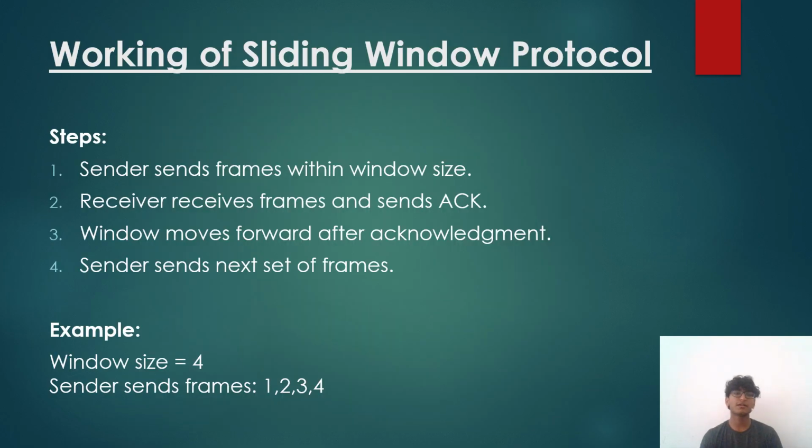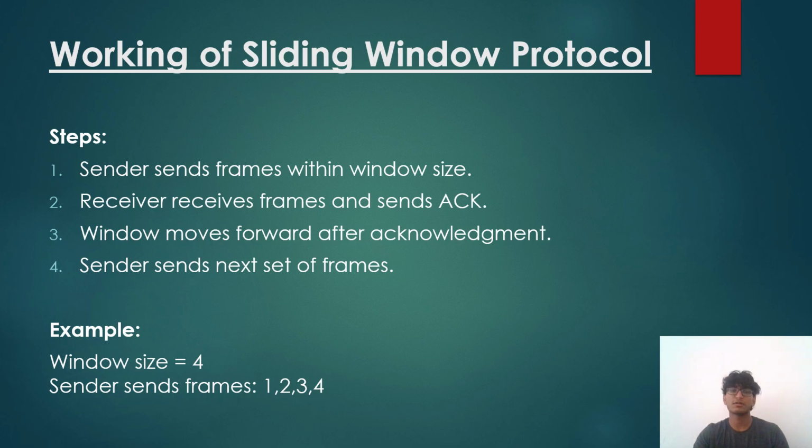Now let's understand the working of the sliding window protocol. These are the steps. First, the sender sends frames within the window size. Then the receiver receives frames and sends the acknowledgement. Then the window moves forward after the sender receives the acknowledgement, and the sender sends the next set of frames which are in the window.